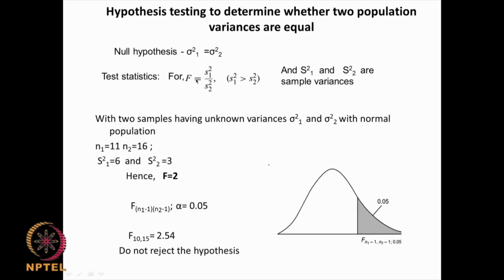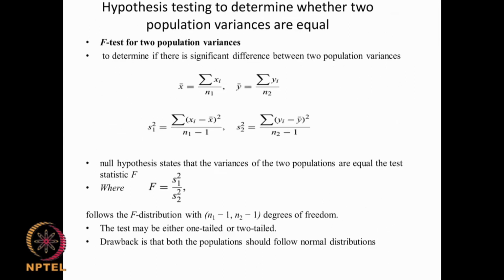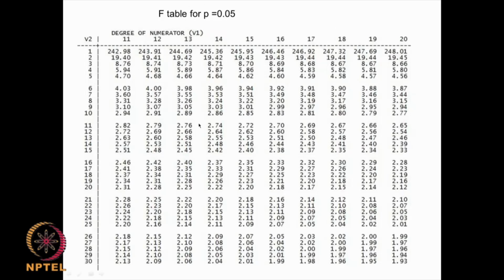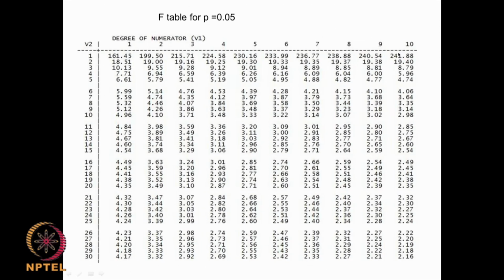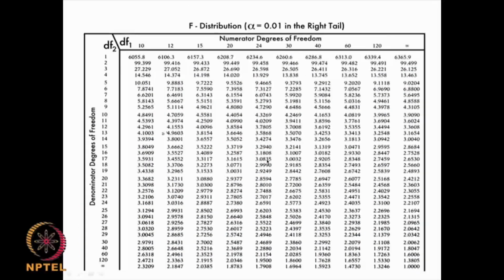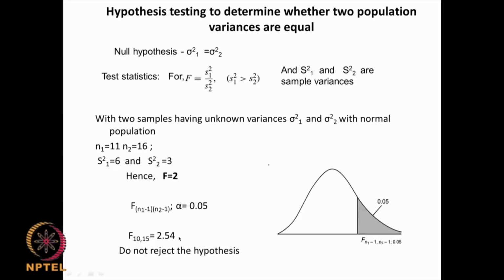So, the ratio test statistic F will be 6 by 3, that is 2, and then I am looking at the F value for 10 and 15 degrees of freedom at 95%. From the table, 10 here, it is 2.54, the numerator is 10, the denominator is 15 degrees of freedom. So, I put it as 2.54. So, F is equal to 2.